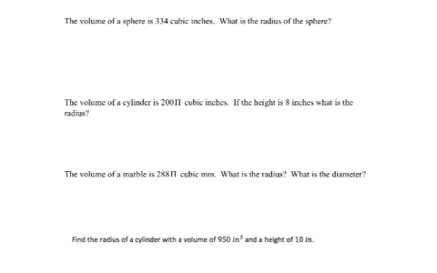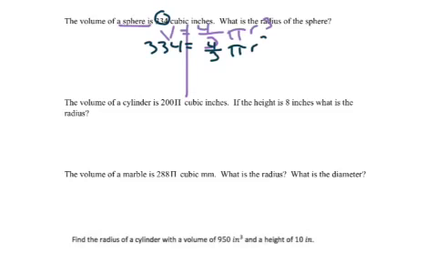Our next problem deals with volume of a sphere that I'm finding the radius. So I would have the formula V equals 4/3 pi r cubed. Let's start to plug in our known values. So 334 is my volume, is equal to 4/3 pi times my radius cubed.